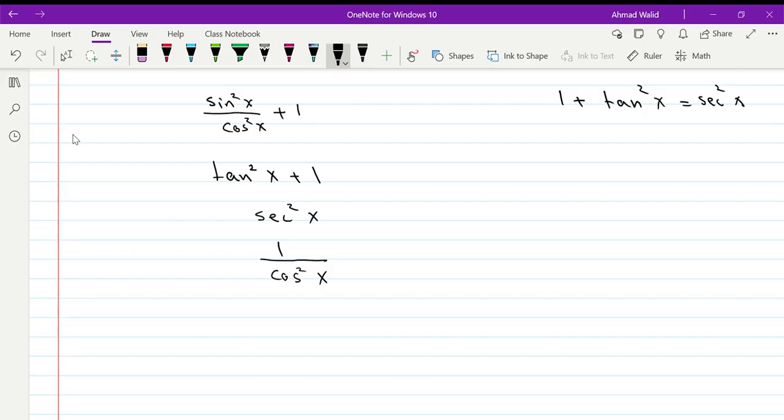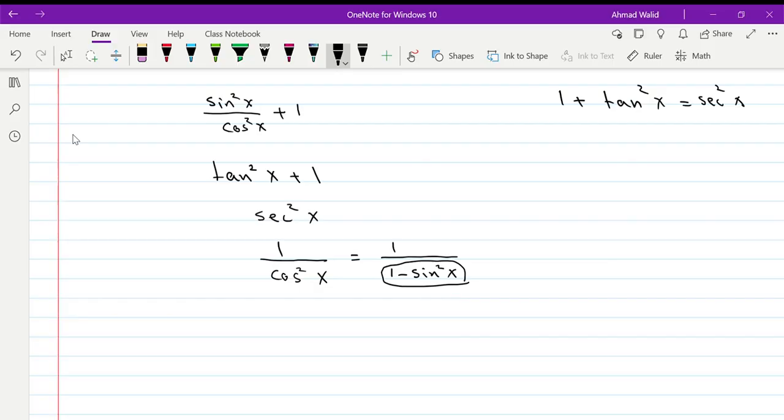I can rewrite this as 1 over cosine squared x. What I have on the right side? On the right side, it was given as 1 over 1 minus sine squared x, right?